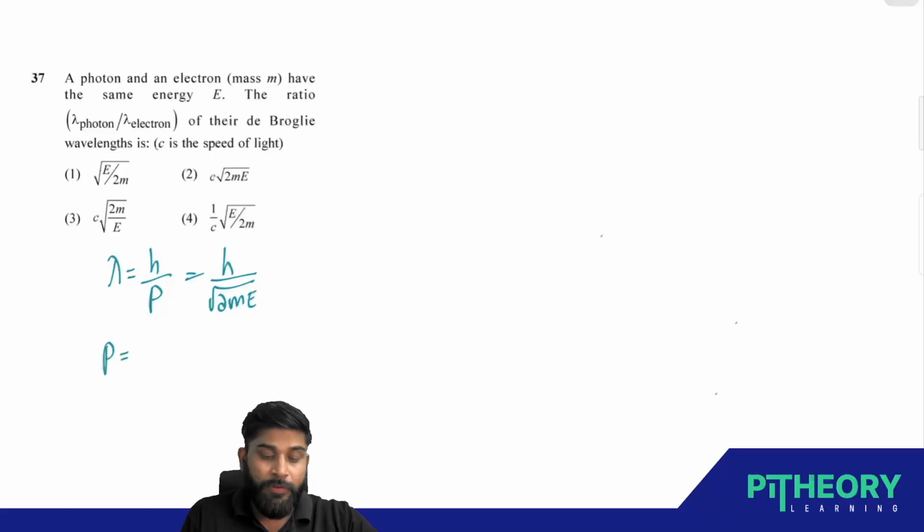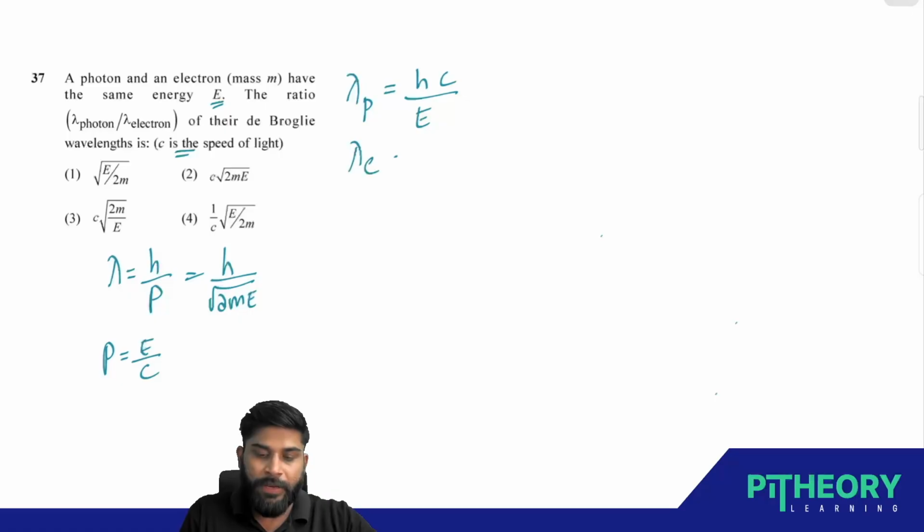The momentum of a photon, if E is the energy of the photon and c is the speed of light, you can write as E by c. So the wavelength of the photon, lambda p, is h divided by momentum, which is E by c.